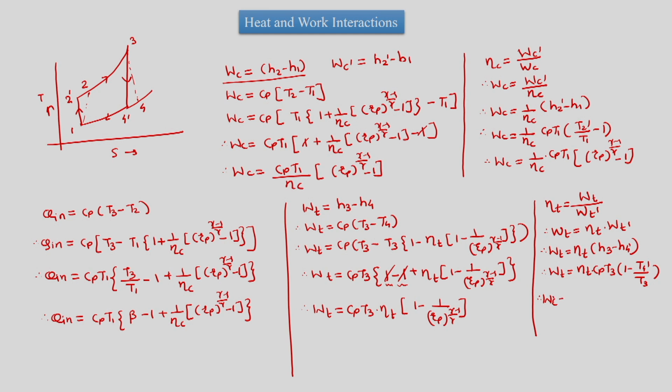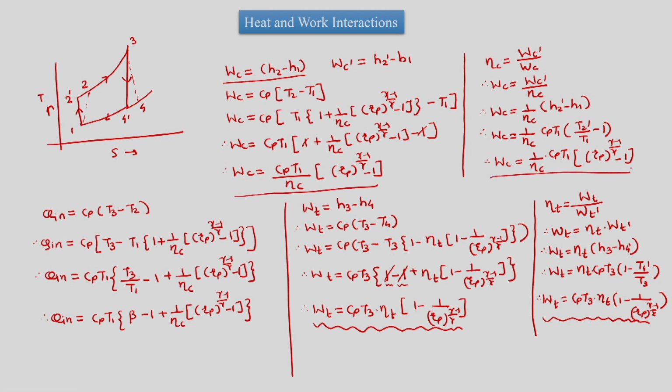So we get the same formula for turbine work as what we derived earlier, Cp T3 eta T into 1 minus 1 upon Rp raised to gamma minus 1 upon gamma. So we get the turbine work in two ways, as we got compressor work in two ways.